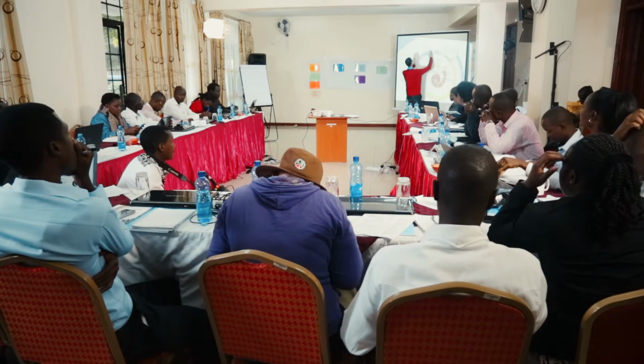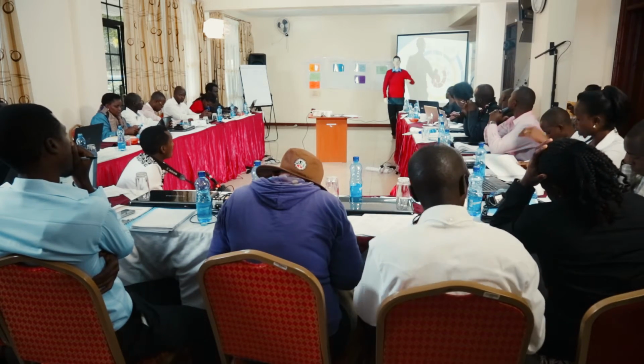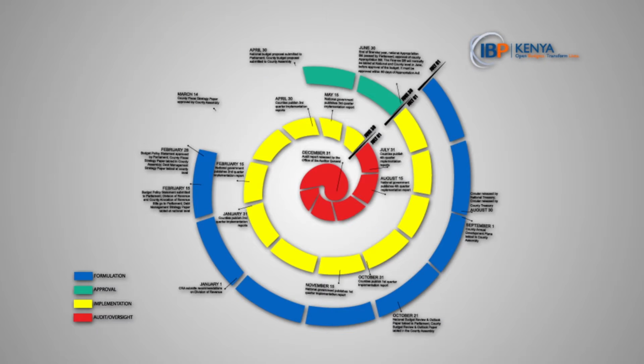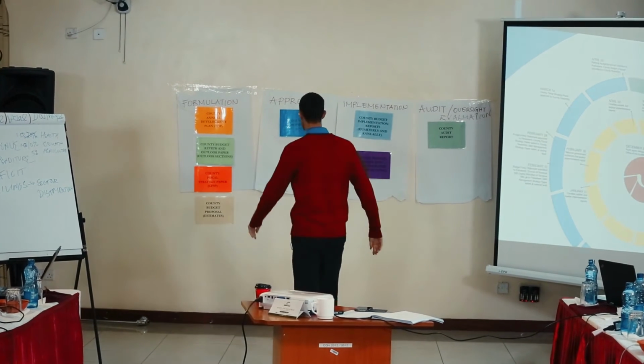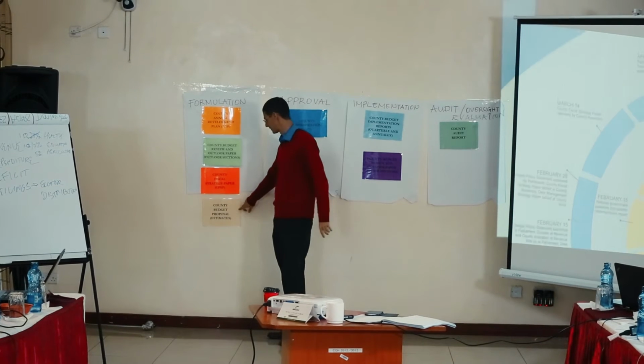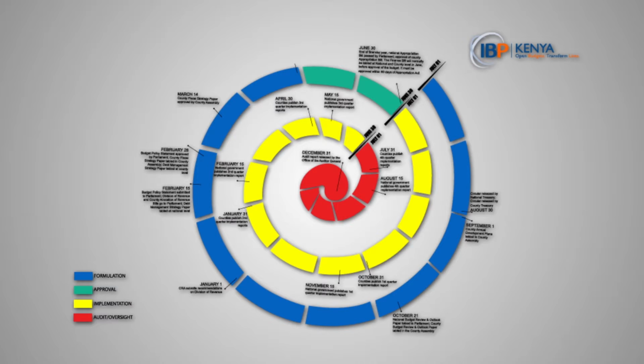So then we move to the final bit of the formulation stage, which is between the middle of March and the end of April, which is when we develop this document, which is given to the assembly. So this is also one of those bridging documents.